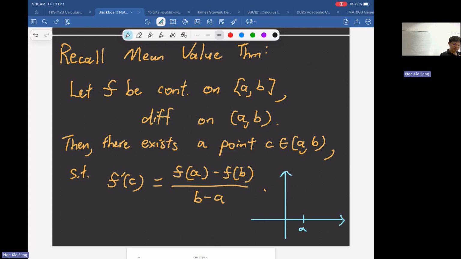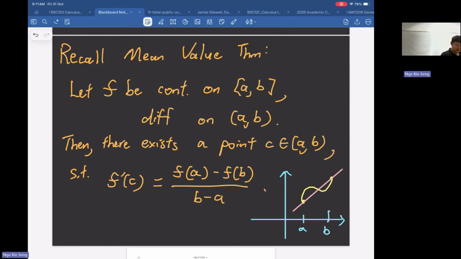So you have a, b here, right? And then you have some continuous graph. Then you have a secant joining (a, f(a)) and (b, f(b)).